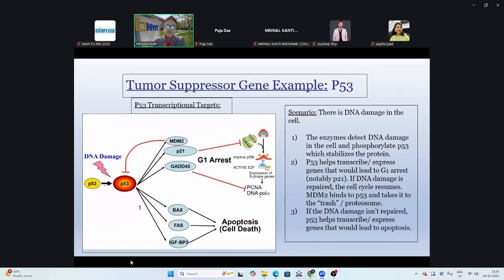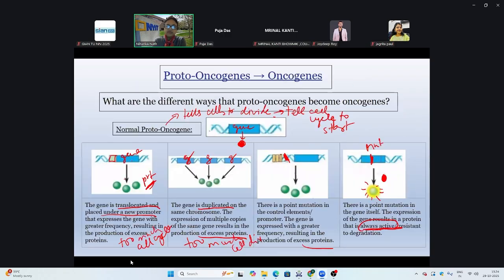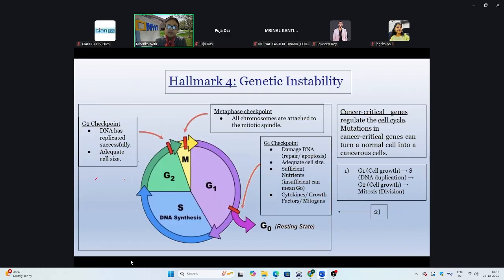But if P53 doesn't work, then there's no cell cycle arrest. And let me just take you quickly back. The cells don't stop. They're supposed to stop here and wait. If they're not going to stop, they'll replicate the DNA. DNA is damaged. They'll replicate damaged DNA. Things are not good.